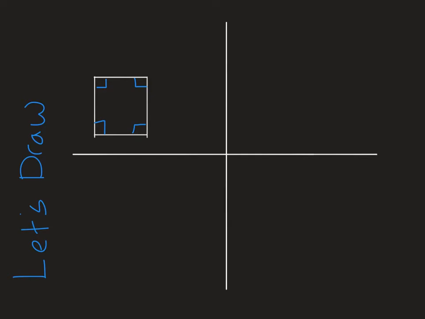Now, a square is a kind of rectangle because it has two sets of parallel lines, but it just so happens that for a square, all four lines are the same size. That's what makes a square unique.